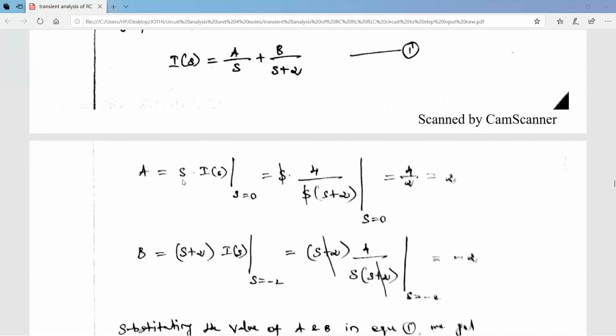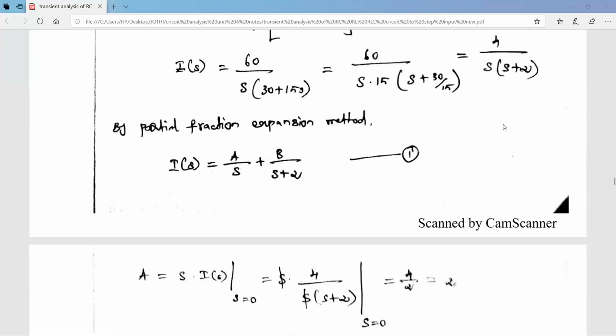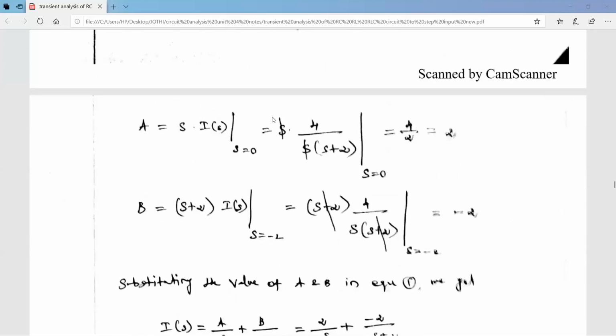Here I of s is 4 divided by s into s plus 2, so you substitute the value, and the s cancels. Now substitute s equal to 0, and we get 4 divided by 2, which is 2.